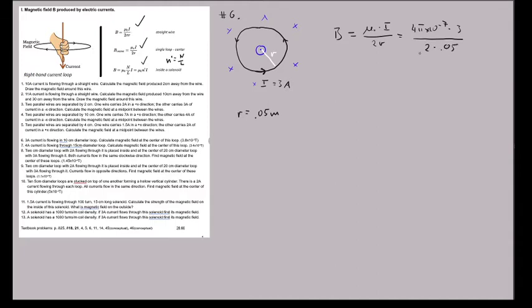I'm going to use my calculator to figure this one out. So the magnetic field at the center equals 3.8 times 10 to the minus 5th Teslas. So that's number 6.